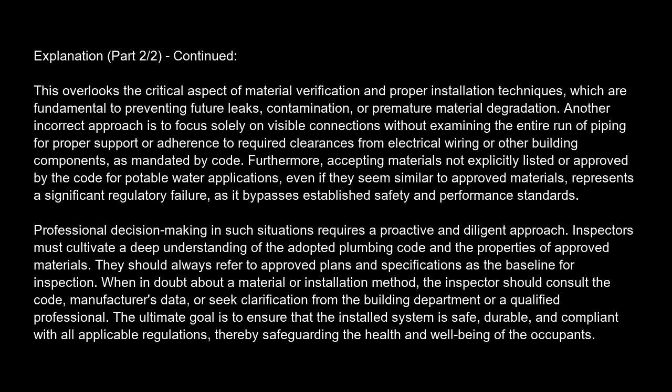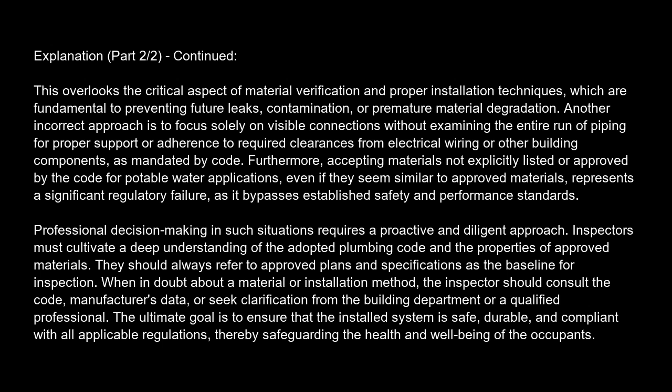Another incorrect approach is to focus solely on visible connections without examining the entire run of piping for proper support or adherence to required clearances from electrical wiring or other building components, as mandated by code. Furthermore, accepting materials not explicitly listed or approved by the code for potable water applications, even if they seem similar to approved materials, represents a significant regulatory failure, as it bypasses established safety and performance standards.